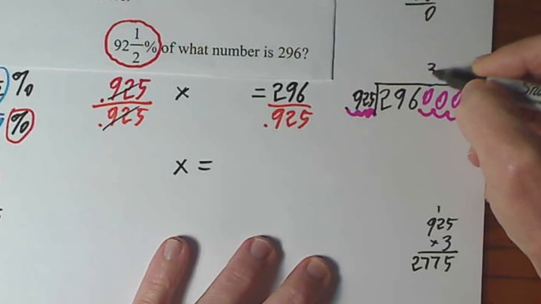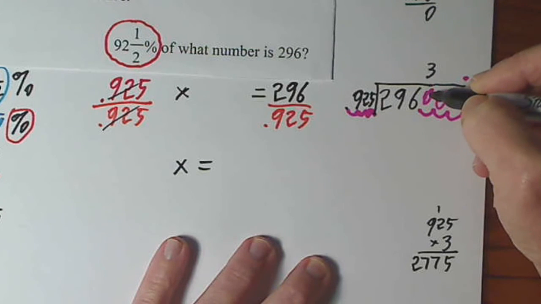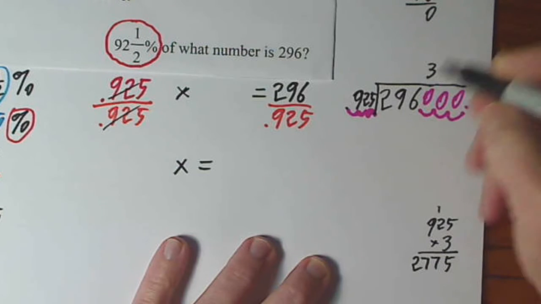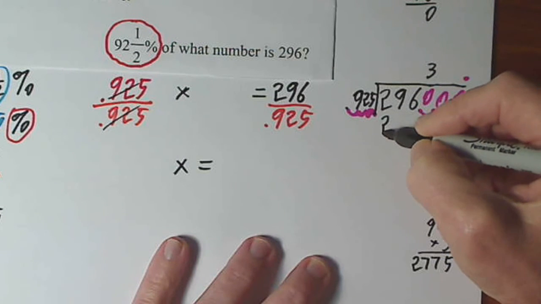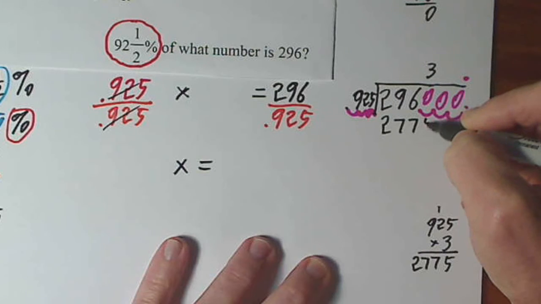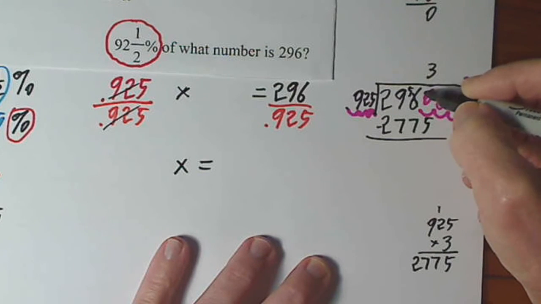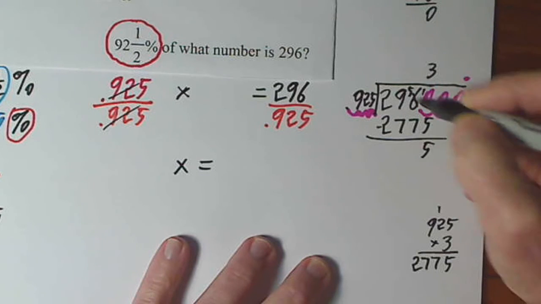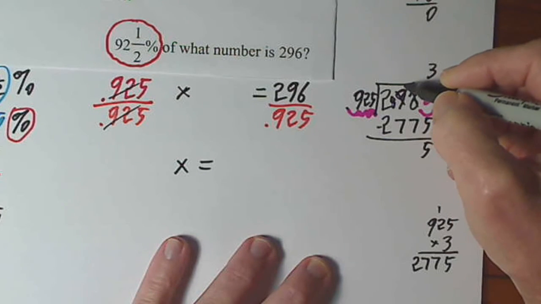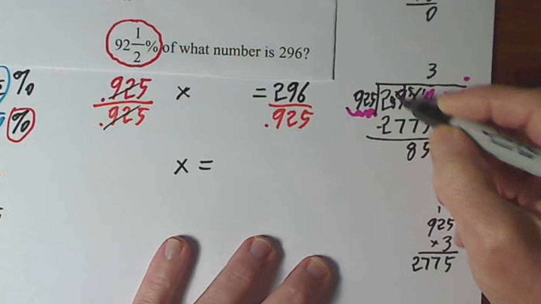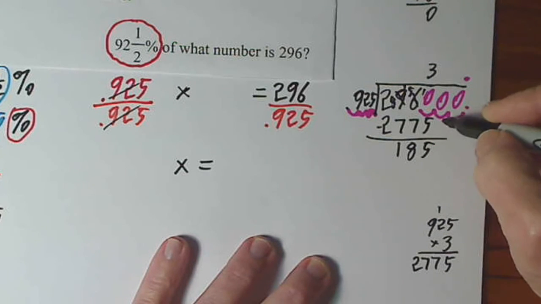So be careful that the 3 lands over the thousands place. Okay. And 3 times 925 is 2,775. And this gives us 5, 8, 15 is 8, 185 left over.